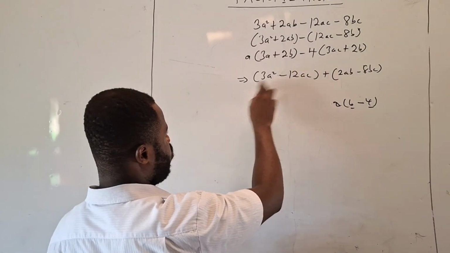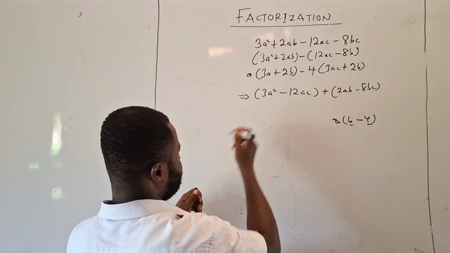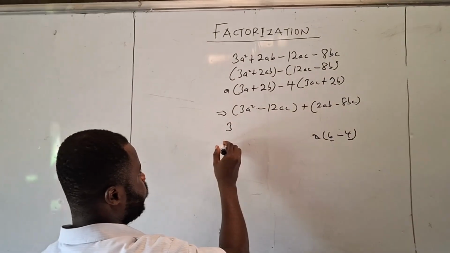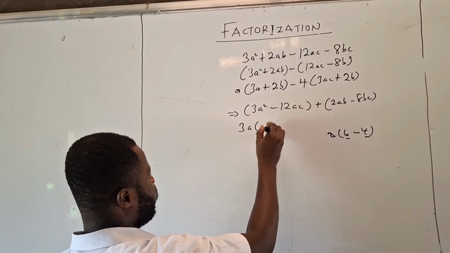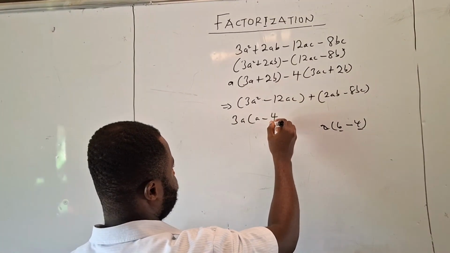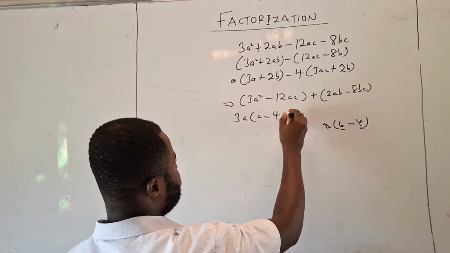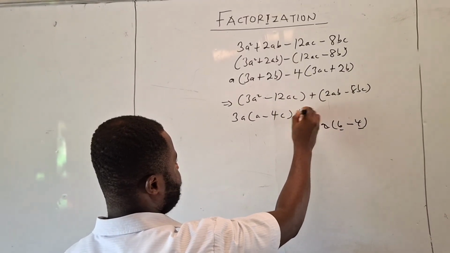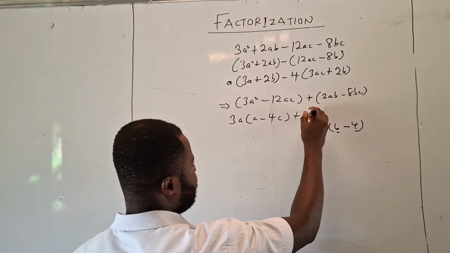Now let's look at the highest common factor for the first pair. This one is going to be 3. Now we have one a out, then we have a minus, this one will go here 4c, then plus, the highest common factor here will be 2.